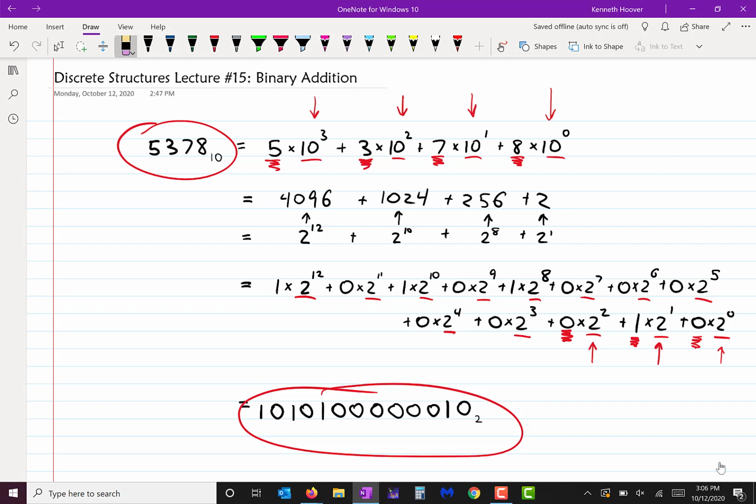So I started from there, and I subtracted 4096 from 5378. I found out what's left over. And then from there you find the largest power of 2 that can be subtracted from that, and you just continue on. Notice that when your base is 10, the digits are allowed to be anything from 0 to 9. And when the base is 2, the digits are allowed to be anything from 0 to 1.